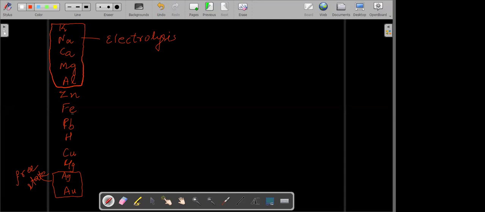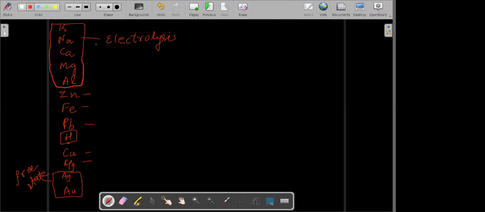Those which are in the middle of the reactivity series, like zinc, iron, lead, hydrogen, copper, mercury. Hydrogen we don't extract. Hydrogen, as you know, is obtained by the electrolysis of water. Zinc, iron, lead, copper, mercury, they occur in the combined form.